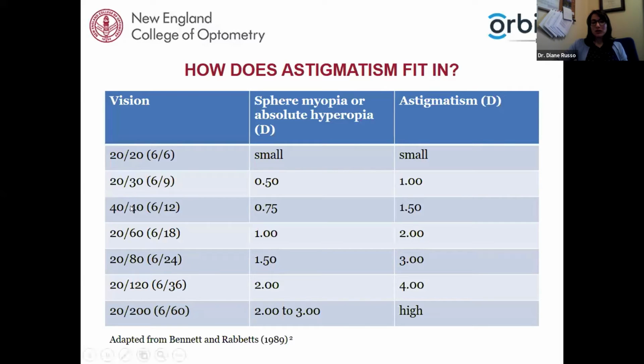If their entering acuity was 20/40, oh, sorry, this should be 20/30 instead of 20/40, then they should be around a -0.75 diopter myope. But the student may have gotten a lot more minus. So in that case, the student was over-minusing the patient. So I find this table very helpful to come back to periodically when thinking about entering acuity and if that makes sense with the refractive findings that you're coming up with.